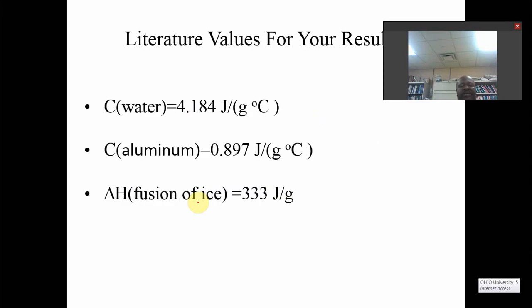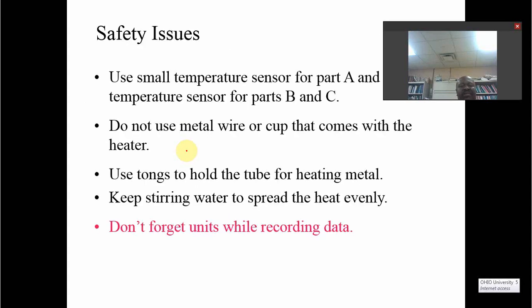All right, there are the literature values. So you know whether you're getting anywhere close or not. I might have said this wrong: 333 joules per gram. And here are the sort of values. So as you do the calculations, you'll know that you're in the ballpark or you've made some calculation error somewhere.